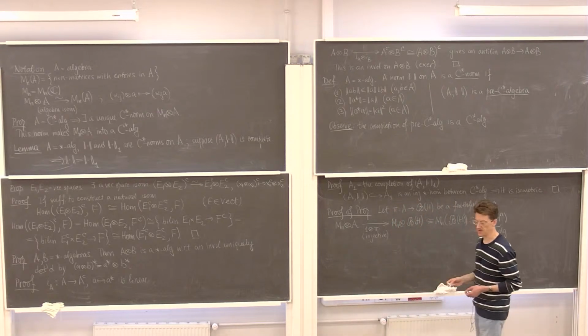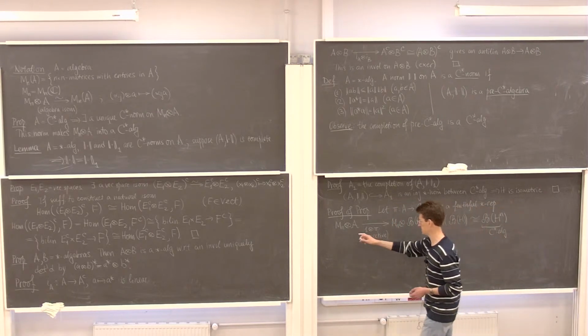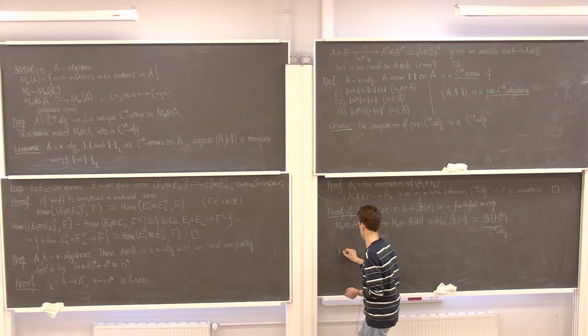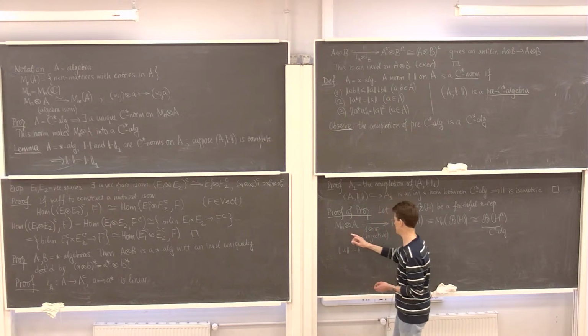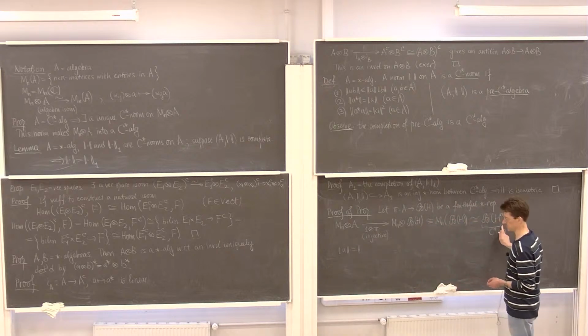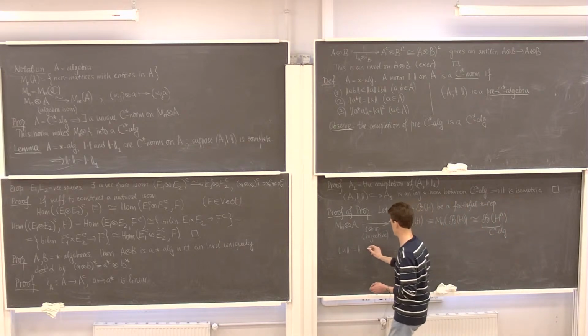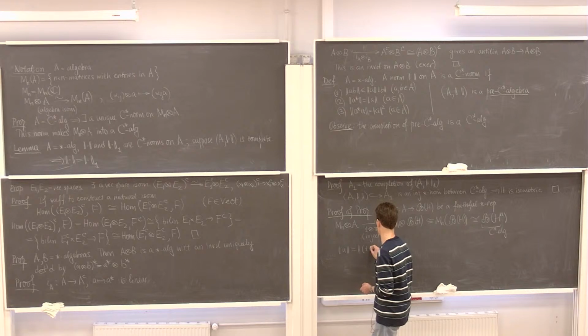So now we can define a C-star norm on this tensor product simply by applying this map to the C-star algebra. So formally this is the norm of 1 tensor π applied to u.